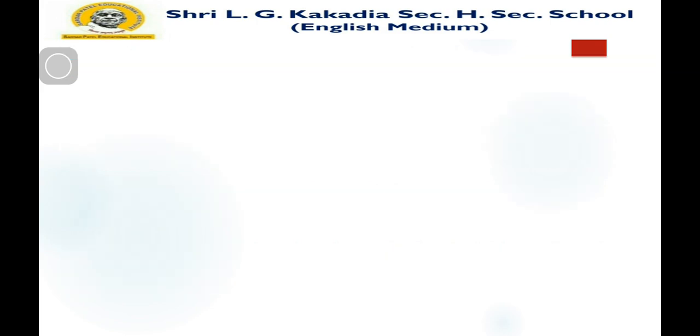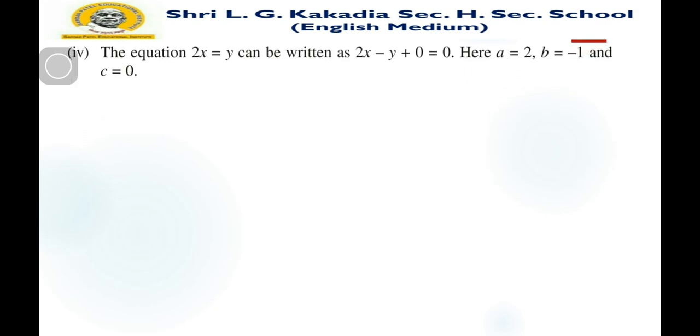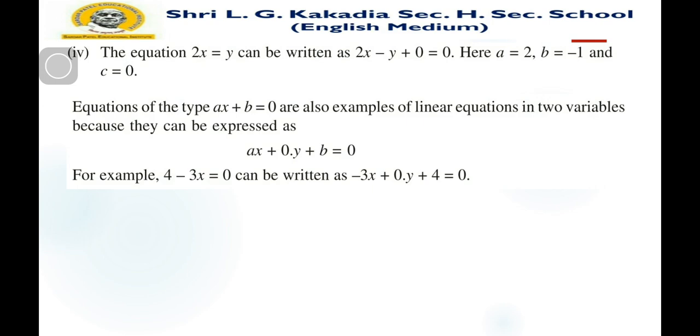Now the next example. Equations of the type ax plus b is equal to 0 are also examples of linear equations in two variables. How can you say that?